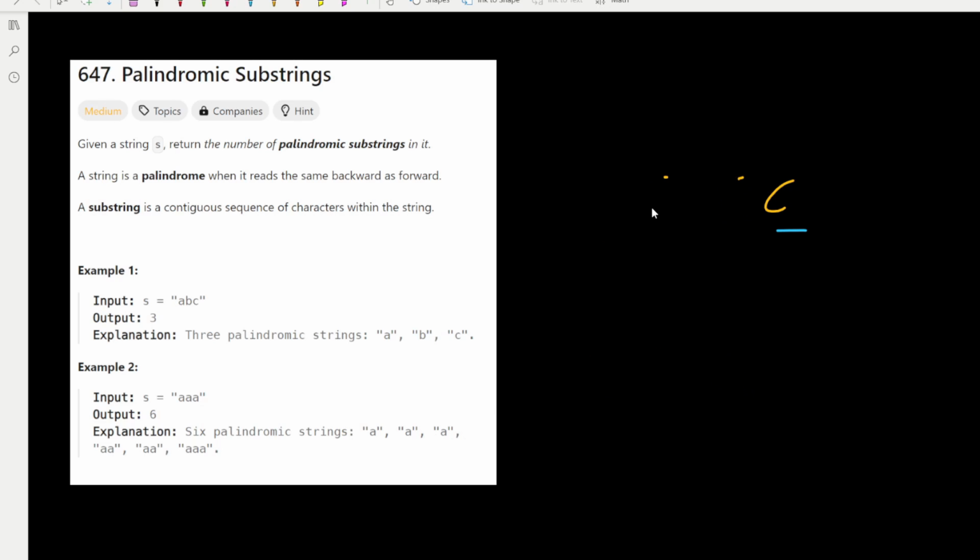Let's take civic again. Let me write it one more time: C-I-V-I-C. Okay, so we have the letter C. Let's have the 2 pointers at C. First question, is C a palindrome? Yes, the letter C is a palindrome indeed.